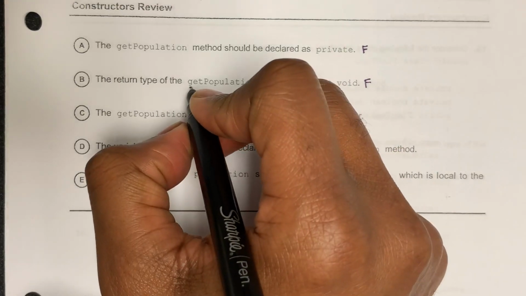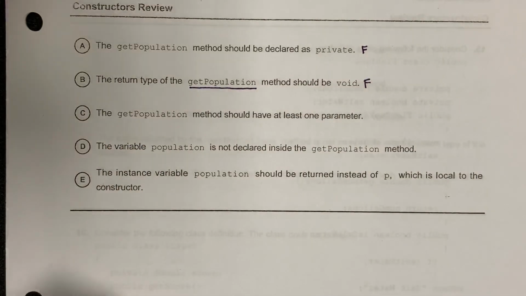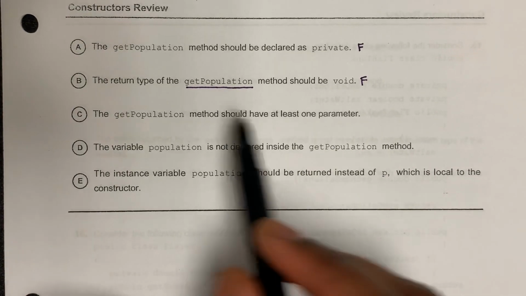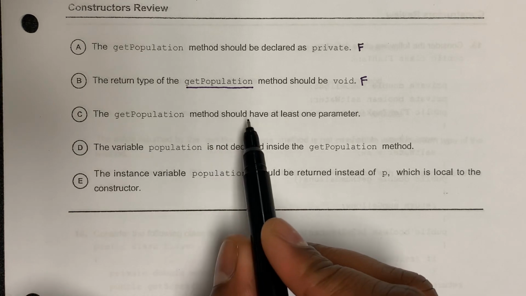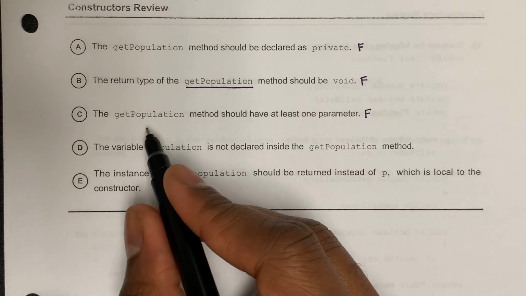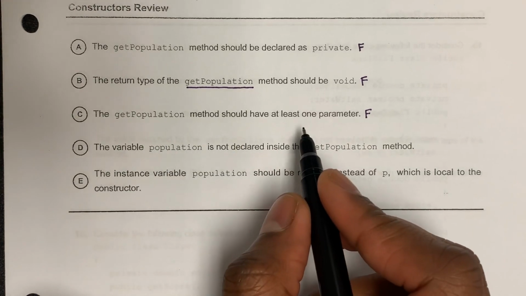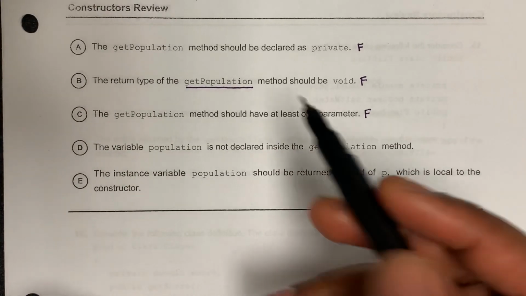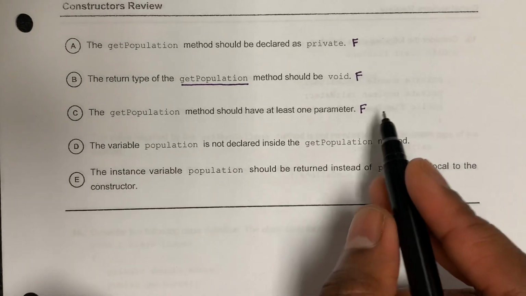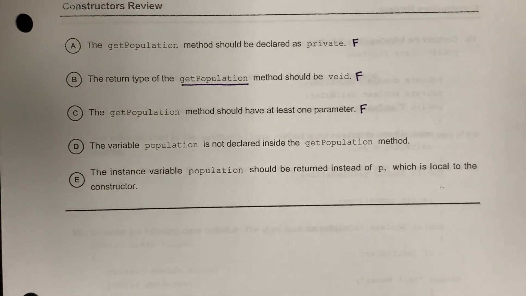The whole point of a get method is to have a way to get the value inside of an instance variable that is private. C, the getPopulation method should have at least one parameter. That's going to be false. If you were going to set the population, you would need a parameter generally, but getPopulation only has one function, and that's to return the population. So C is going to be false.